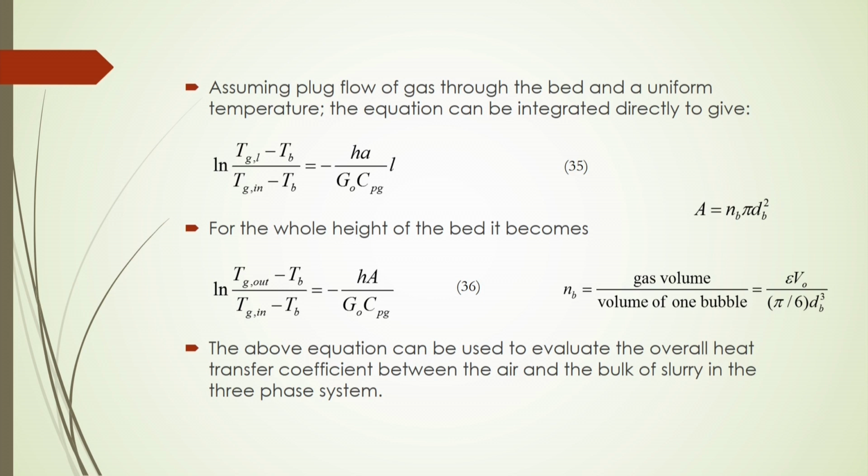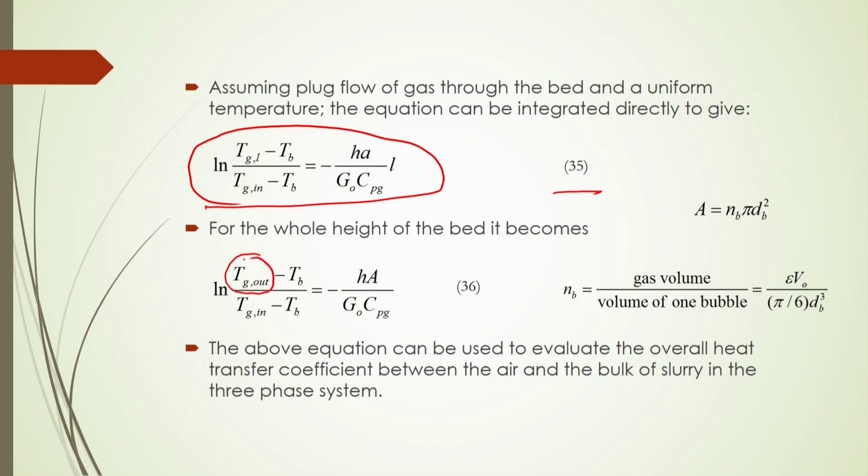Now, assuming plug flow of the gas through the bed and uniform temperature, the equation can be integrated directly to give equation number 35, from which you will be able to calculate the temperature at a certain length of the 3 phase fluidized bed. Once you know this equation, for the whole bed the heat transfer coefficient and the temperature profile you will be able to calculate from equation number 36.